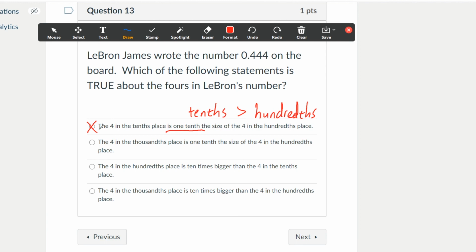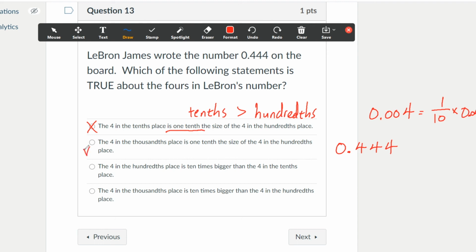The 4 in the thousandths place is 1/10 the size of the 4 in the hundredths place. And if we wrote it out, they're saying that the 4 thousandths is equal to 1/10 of the 4 hundredths.